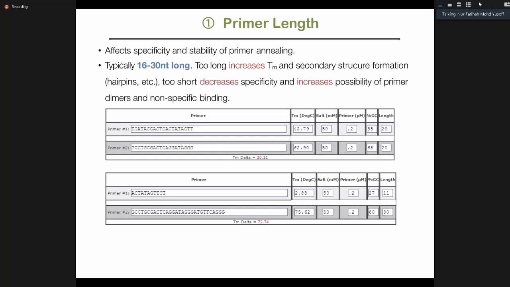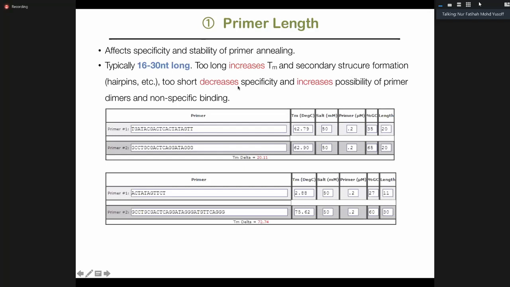It depends on the properties of the primer itself. Because if you design too long, the properties may not be suitable with the optimum of the primer's property. Too long increases melting temperature and secondary structure formation, such as hairpin.